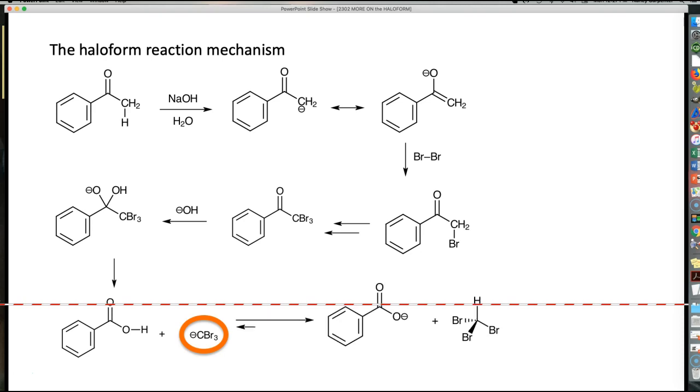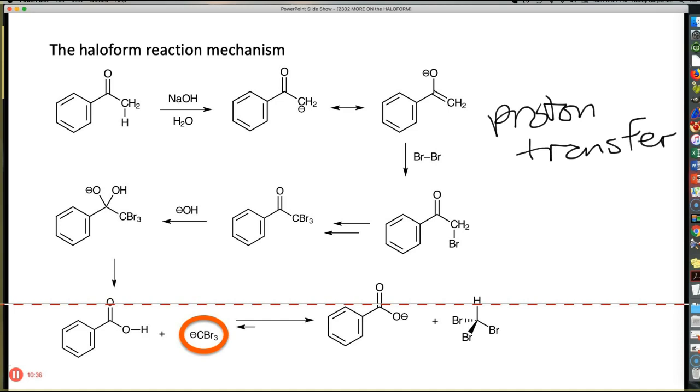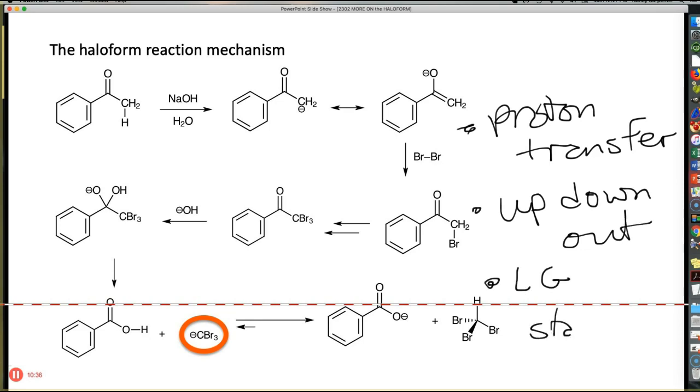That is the haloform reaction mechanism in gory detail, and it reviews proton transfer, it reviews the up, down, out, and it reviews leaving group stability. So a lot packed into that nice little reaction.